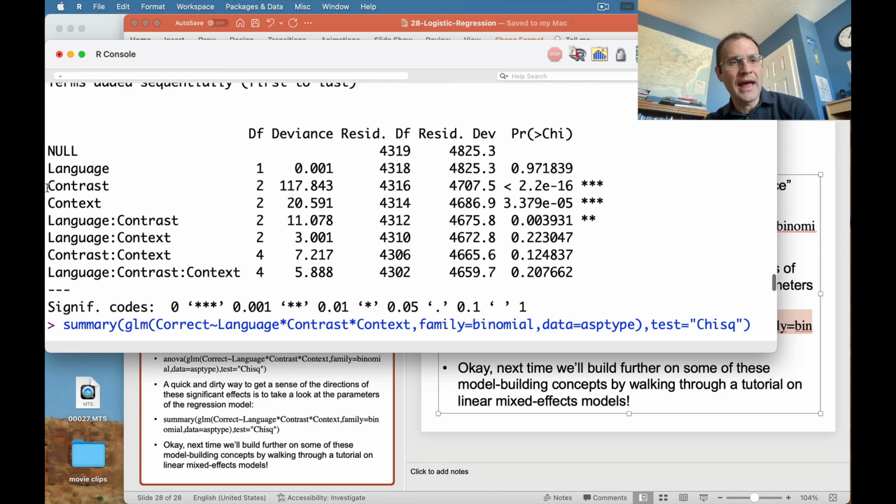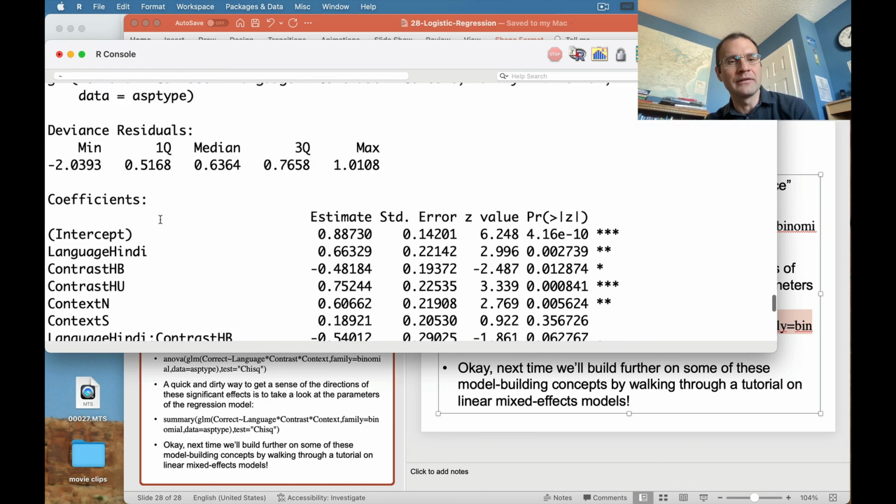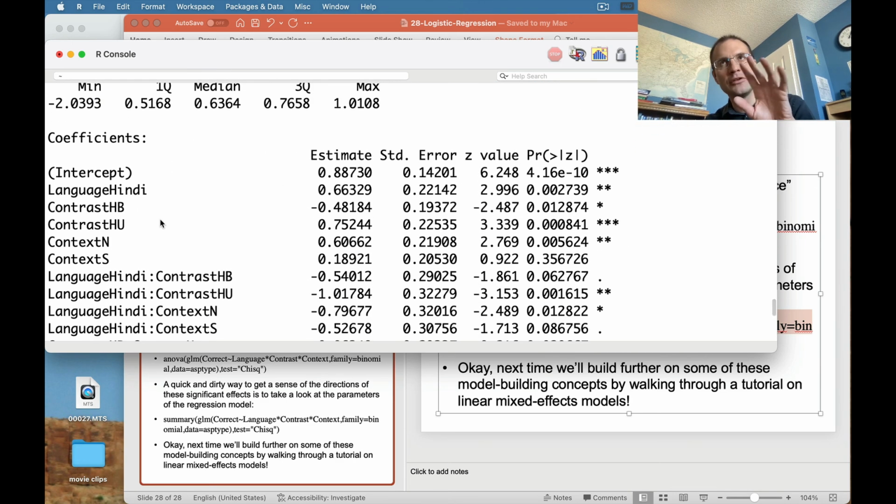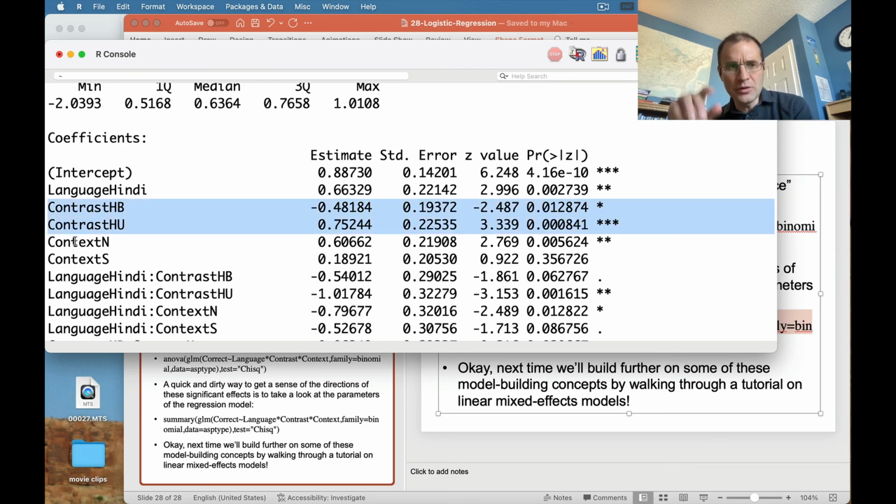So with the contrast, remember there are three pairings of stimuli here: the BU, breathy unaspirated, HB, regular aspirated, breathy aspirated, and then HU. So the BU comes first in the alphabet for that again. So these numbers are basically going to compare to that default value.